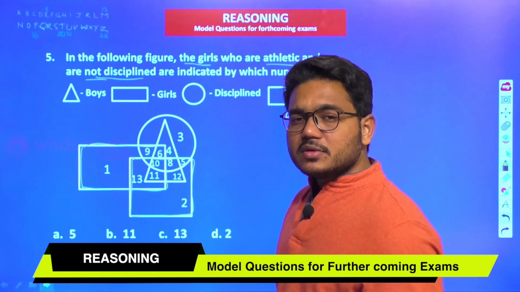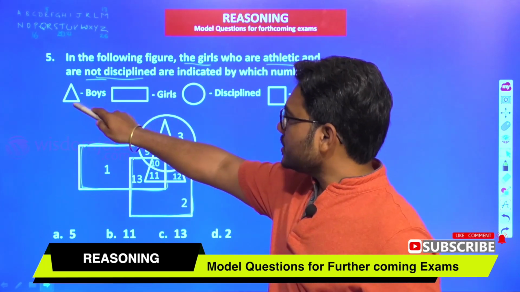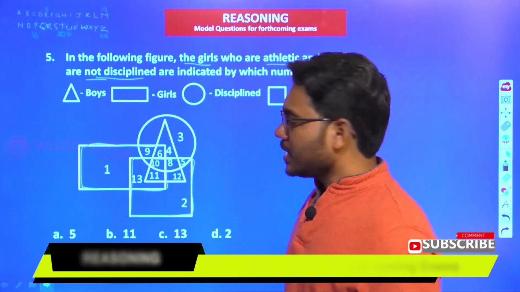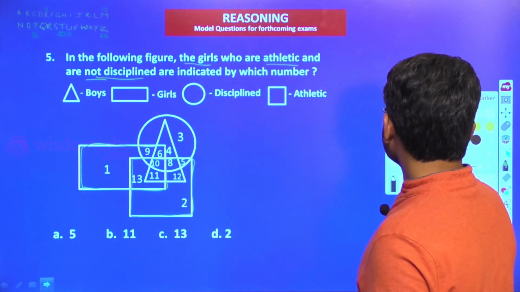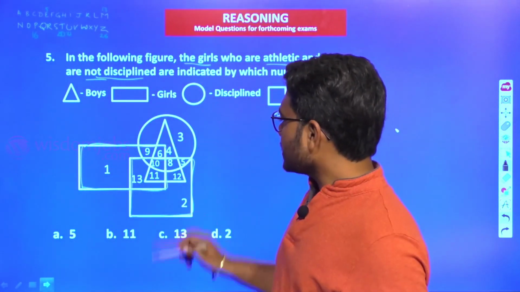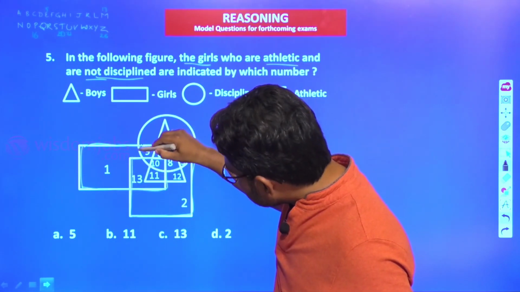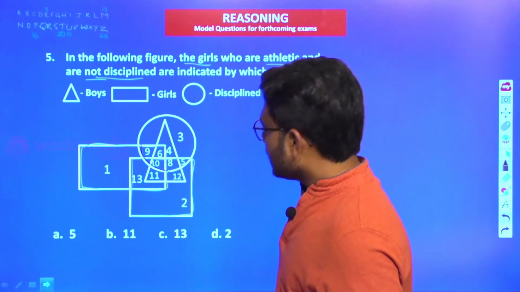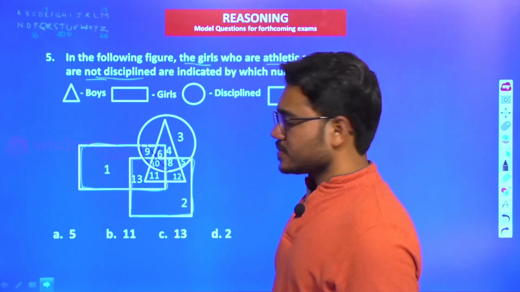So we need to remove the areas which are covered by this triangle and circle. What are those areas here? Try to identify within these regions. This is that part, so we need to make it obsolete here.